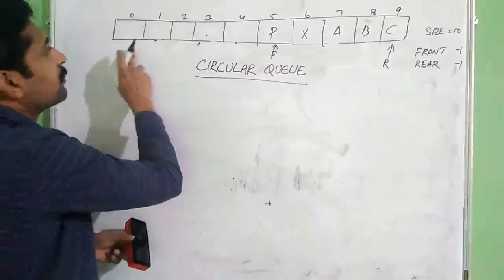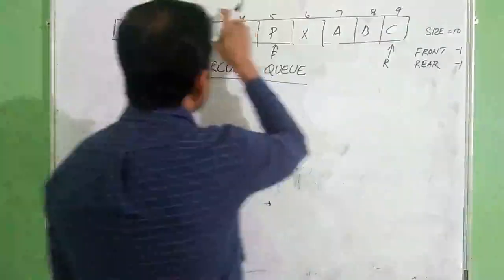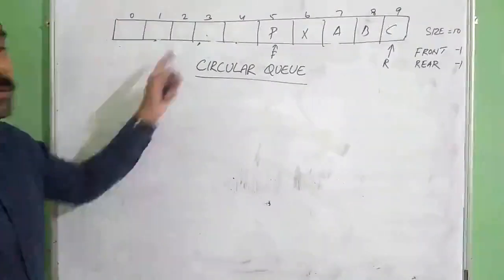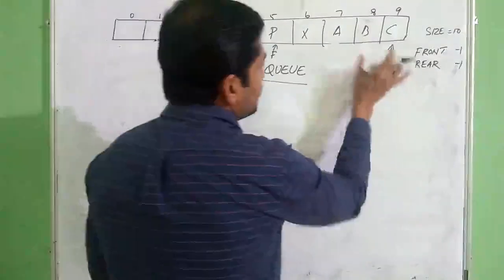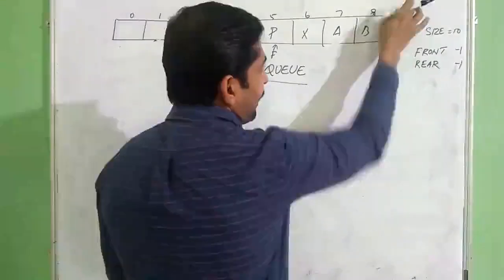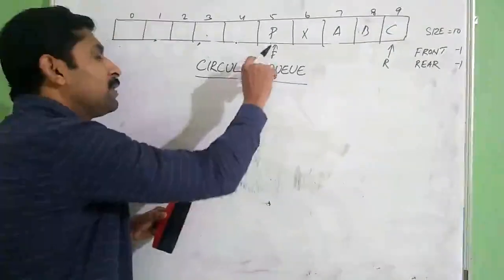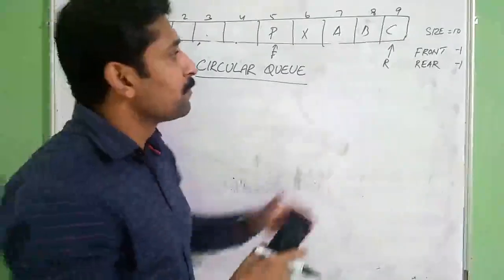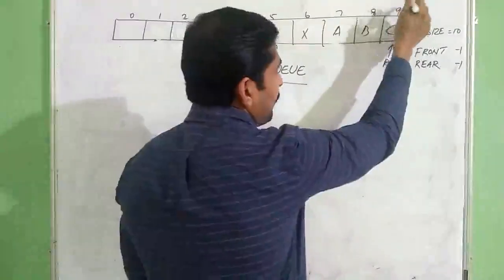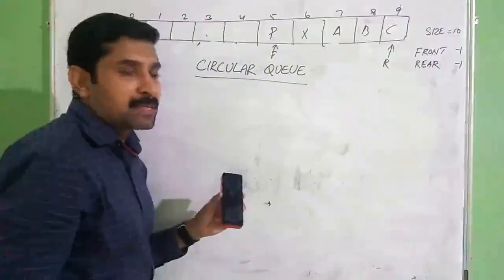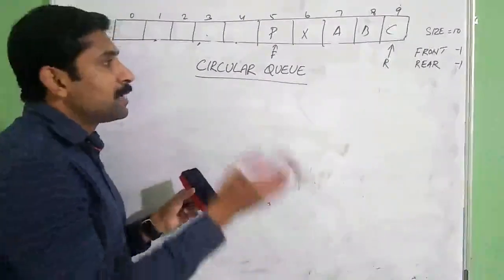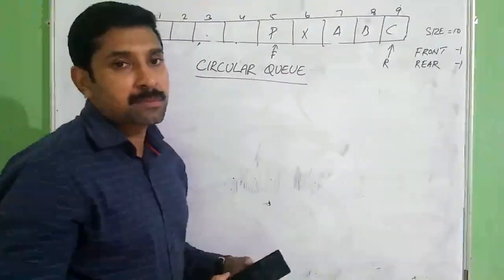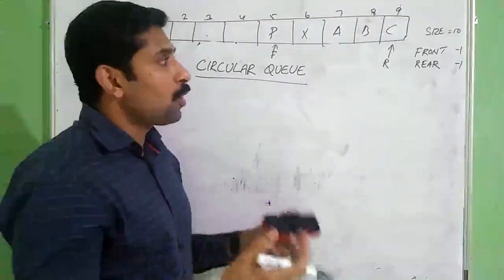See, actually we have 10 locations, so 10 items can be accommodated in the queue. Now suppose this is the situation, rear is at 9. If we try to perform an insertion operation on this queue, since rear is at the maximum, that is at the size, it will give us a message that queue is full, a queue overflow message.